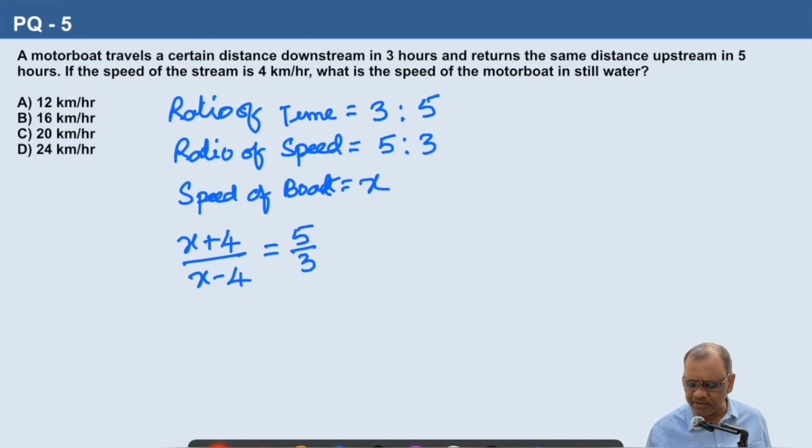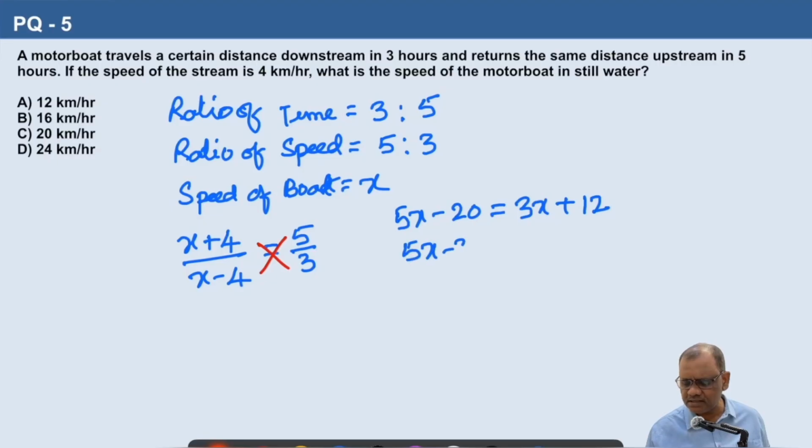So let us simplify this by cross multiplying. 5x minus 5 fours 20 is equal to 3x plus 3 fours 12. 5x minus 3x is equal to 12 plus 20.